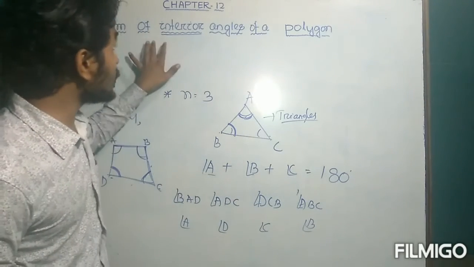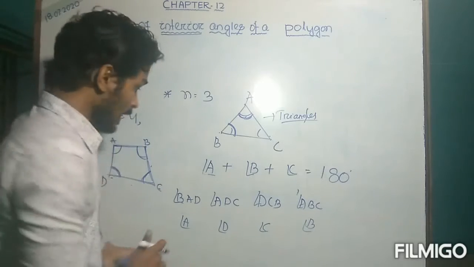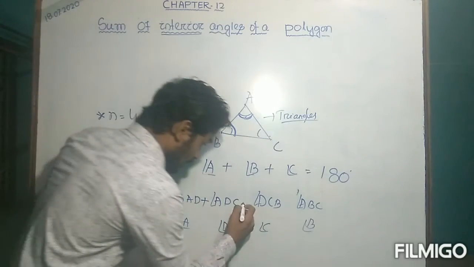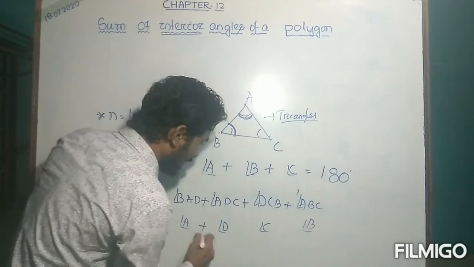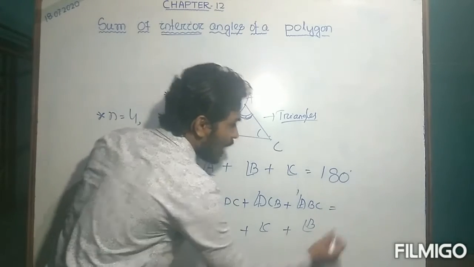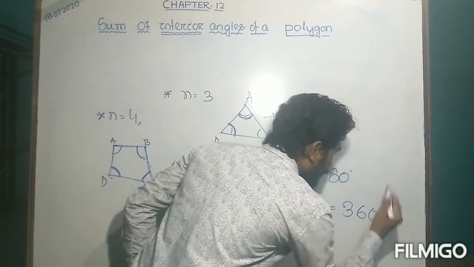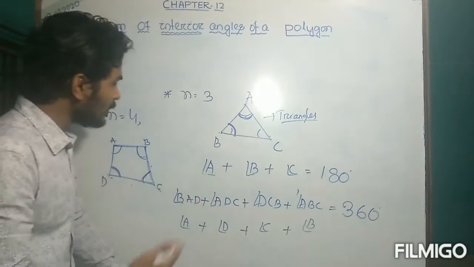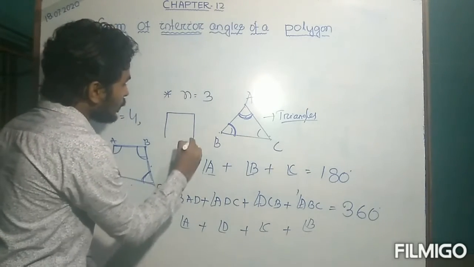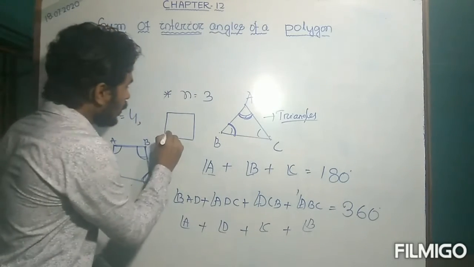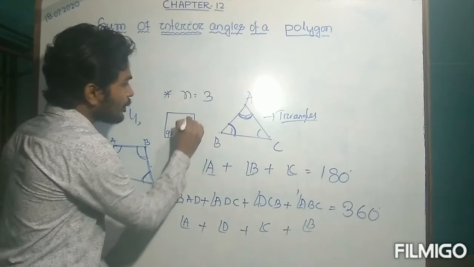Now we need to find the sum of these interior angles. As we already know, the sum of the interior angles of a quadrilateral is 360 degrees. We have already an idea about this, because in case of a square, all the angles are 90 degrees.